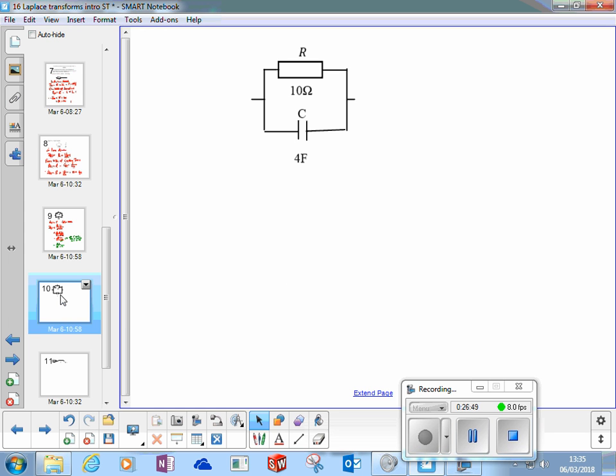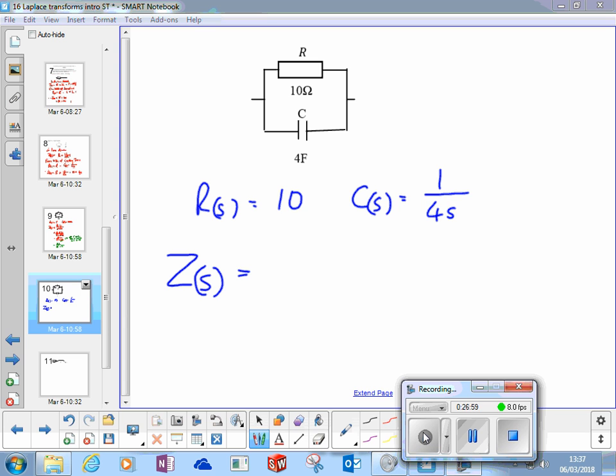Have a go at writing the initial expression without any simplification for R and C in parallel. Right, first of all, what's the expression, letters only, for the total impedance in that S domain?